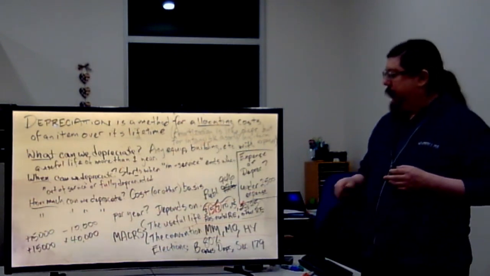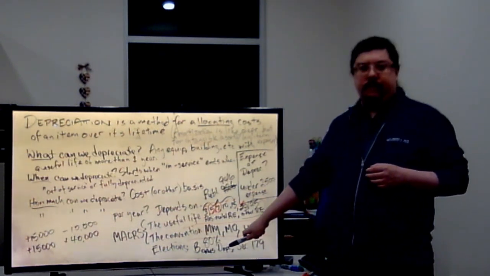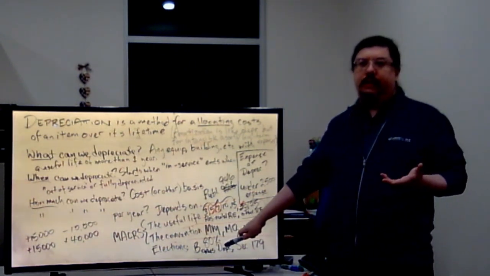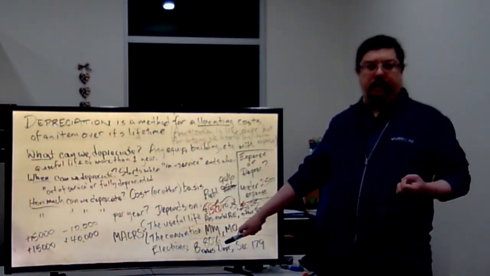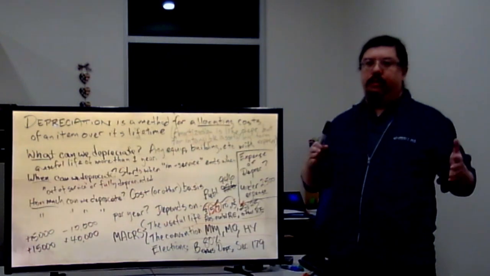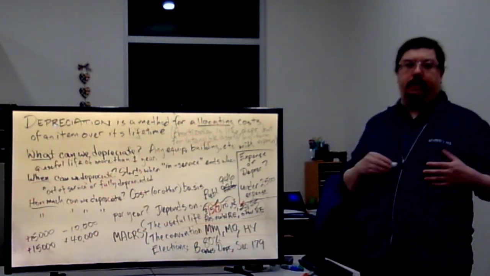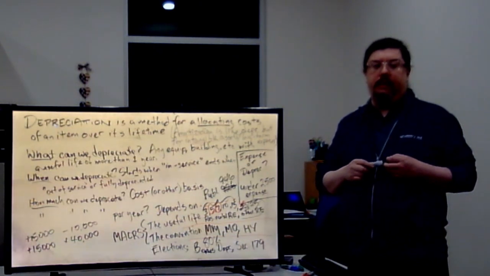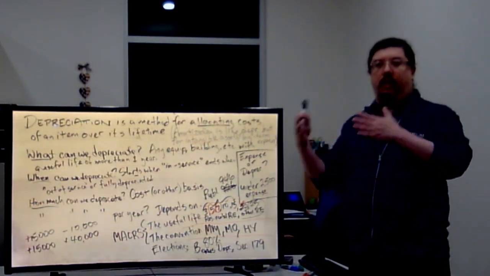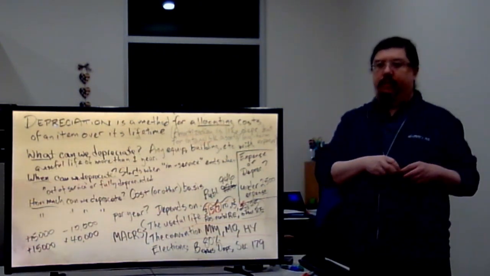So I can either take 80%, so $96,000 bonus depreciation, or I can take none. I don't get to choose anywhere in between. Yes or no? Since they're all 5-year property, do I want to take bonus depreciation on all my 5-year property or none of my 5-year property?